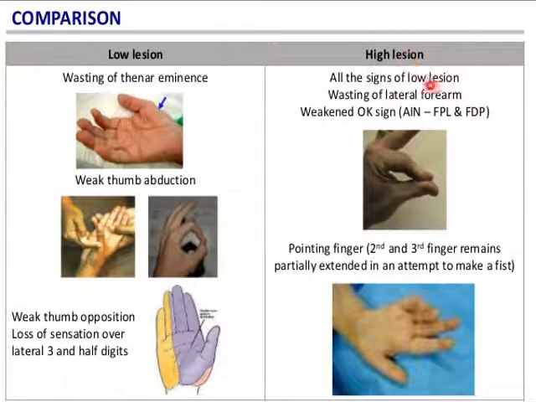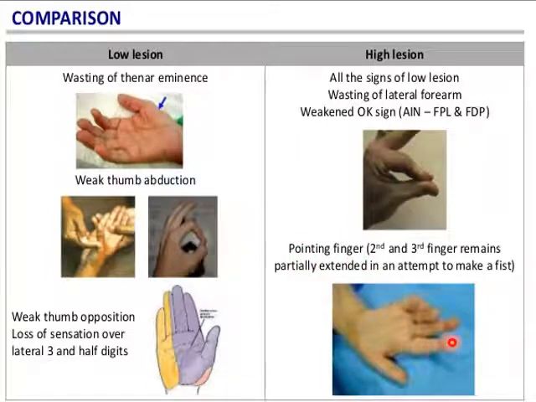And in the high lesions, all these signs of the low lesion plus wasting of the lateral aspect of the forearm are seen, and the OK sign like this cannot be performed because the deep muscles of the forearm lose their nerve supply and their function, and pointing finger is seen.